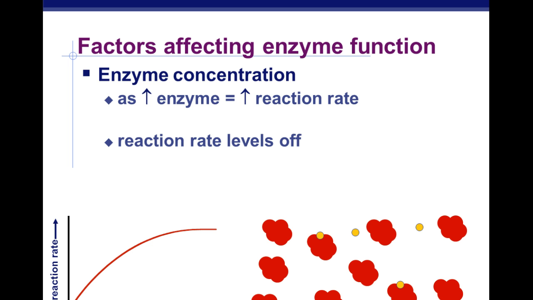This results in a higher reaction rate. Does that make sense? If there are more enzymes, it increases the percentage of time those enzymes bind with their substrate. Now we can see that as we look at this line. We now have more and more and more enzymes binding with substrate.